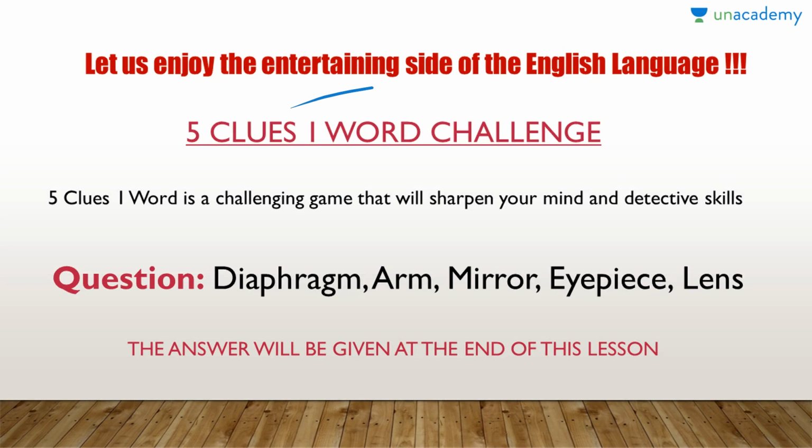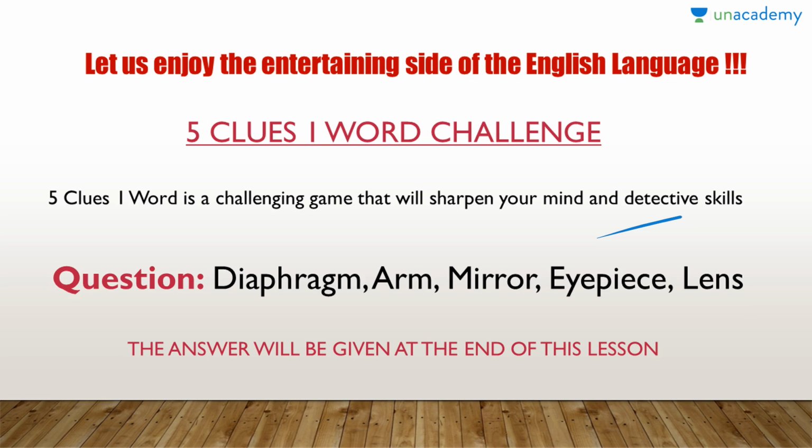But before we start, let us enjoy the entertaining side of the English language. I've picked a new game for this series which is called 5 Clues, 1 Word Challenge. 5 Clues, 1 Word is a challenging game. It will sharpen your mind for sure and even probably hone your detective skills. The question is, we give you 5 clues, and you have to choose 1 word which applies to all 5.